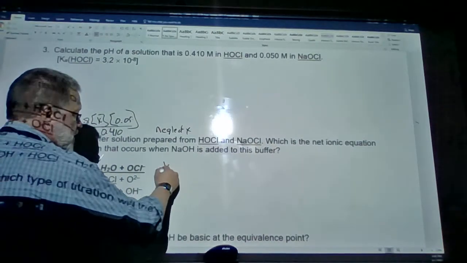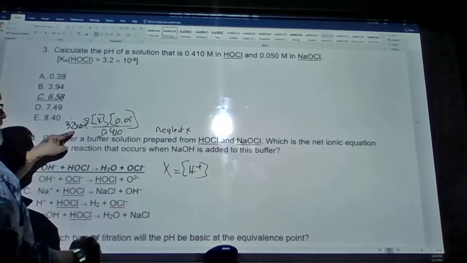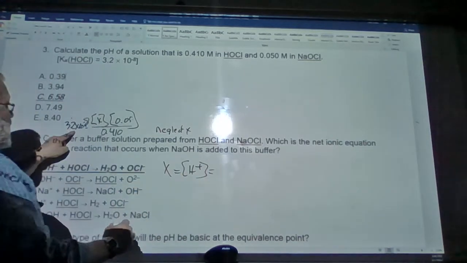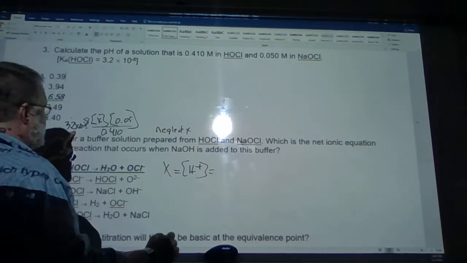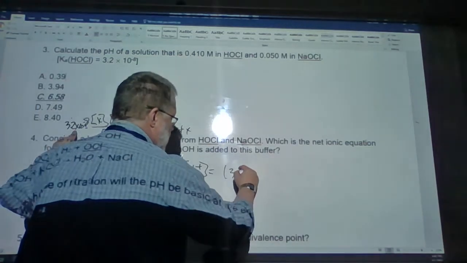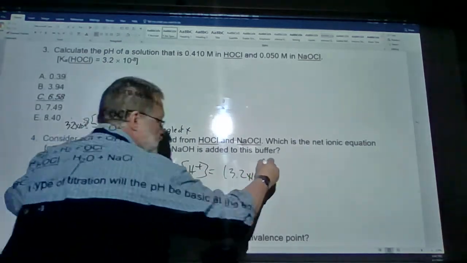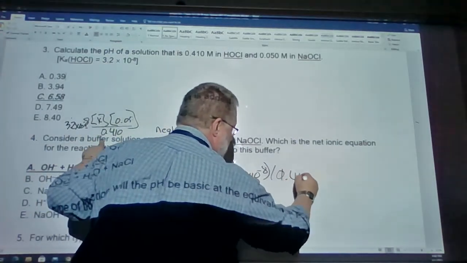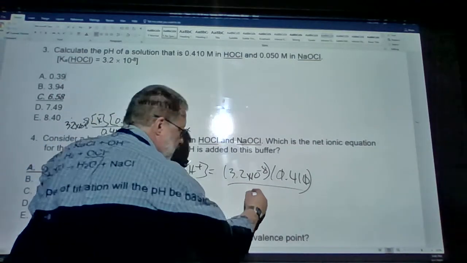So X equals the H plus concentration, which is equal to 3.2 times 10 to the minus 8 times 0.410 divided by 0.05.